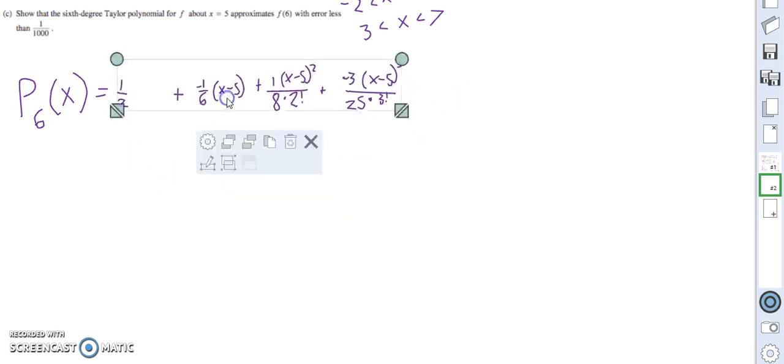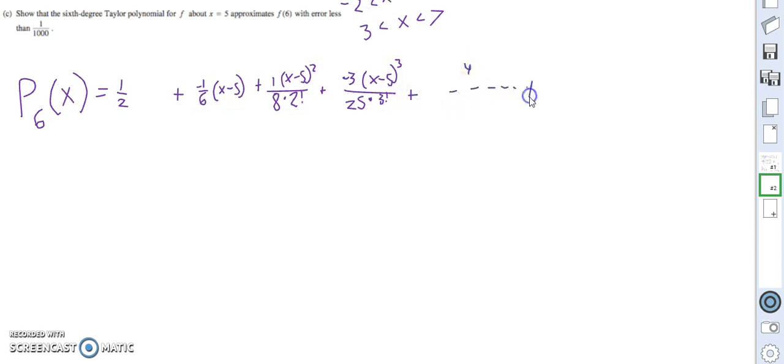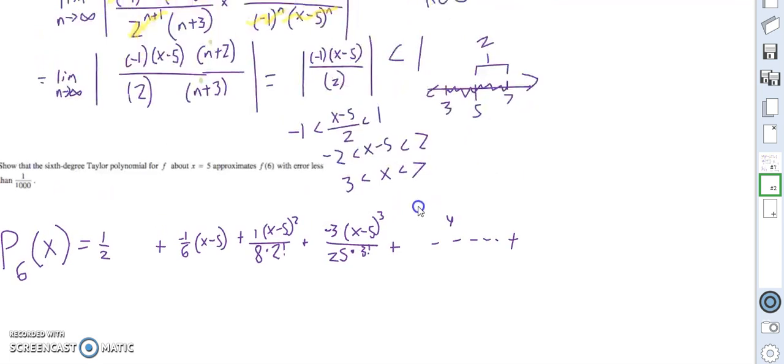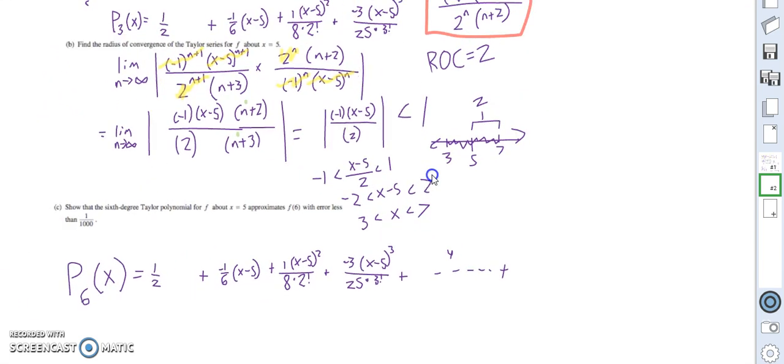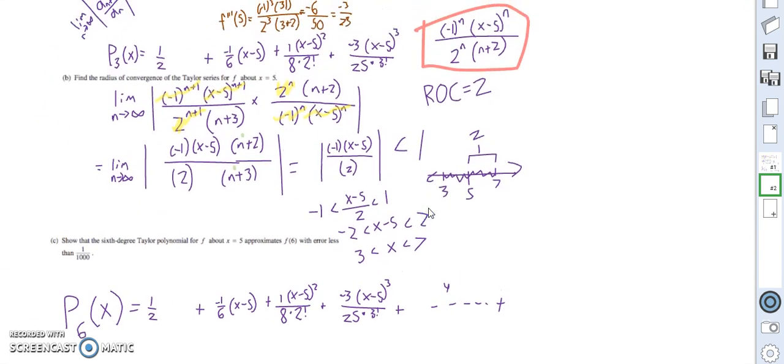Okay. My 6th-degree Taylor polynomial looks like this. Plus it has some term to the 4th power, plus, plus it has a term to the 6th power. It ends with 6th degree. The term that has the 6th degree is going to come from this thing up here that's magically now in a box. I'm going to do the 6th degree term using my general formula.